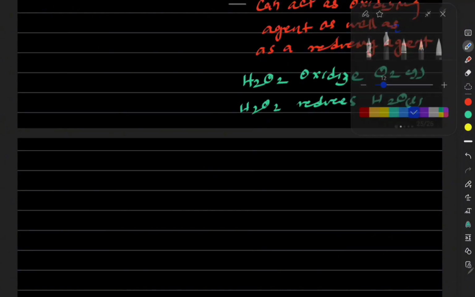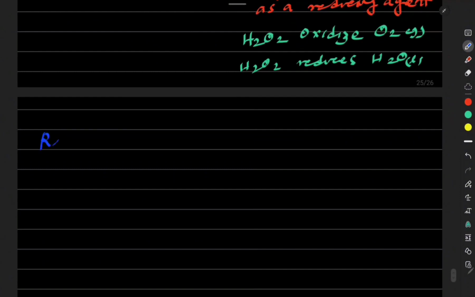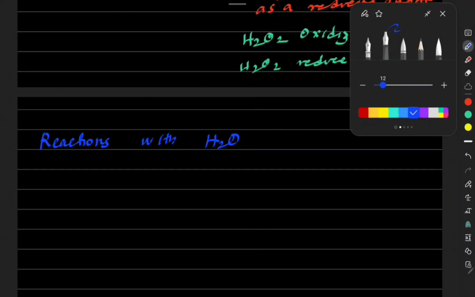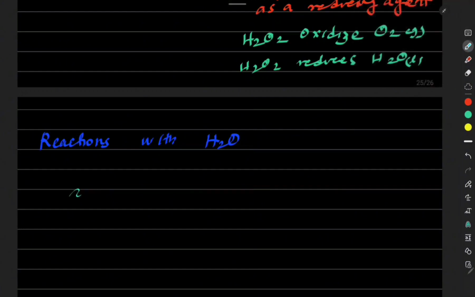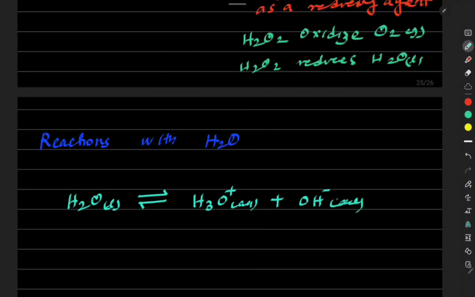Now let's look at the reactions of water. There are only 3 reactions. The first is the self-ionization reaction: H2O liquid, a reversible reaction, self-ionizes into H3O plus and OH minus aqueous.